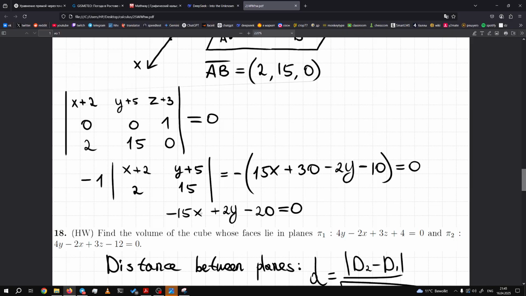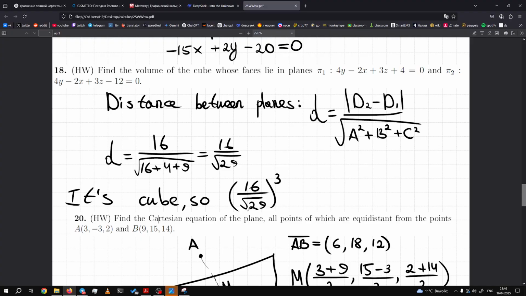And look, there is such a case where z is equal to z multiplied by 0, so we don't have z there. Find the volume of the cube whose faces lie in planes. We have two planes, and we need to find the cube.